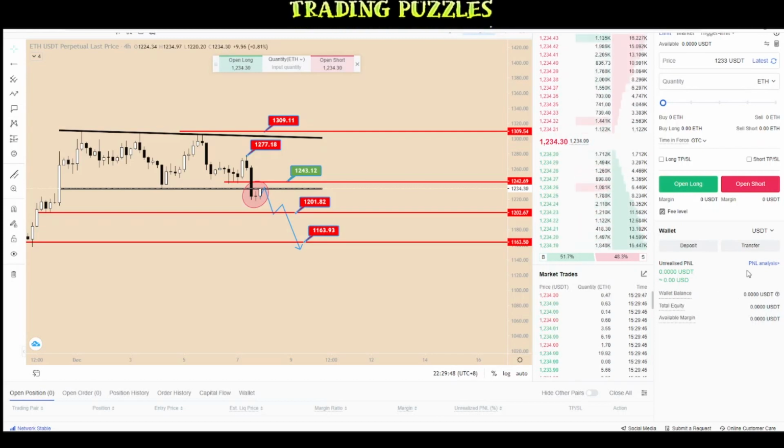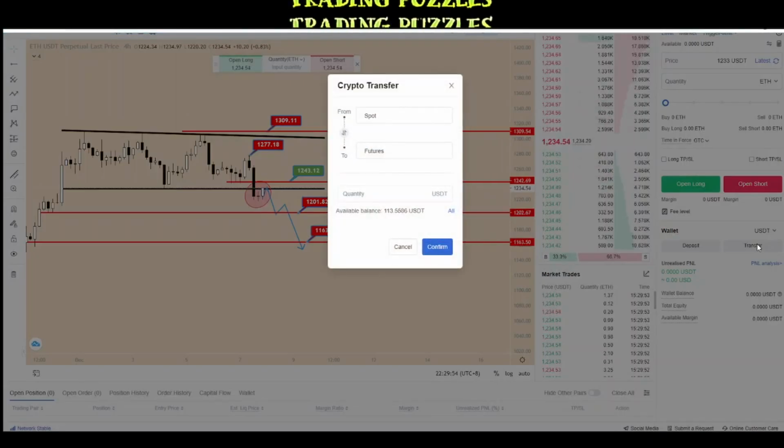So what I'm going to do right now, I'm going to press transfer, because we have the funds on our spot trading. And you will see that I can transfer from spot to futures $113. So I want only 100 for this trade.